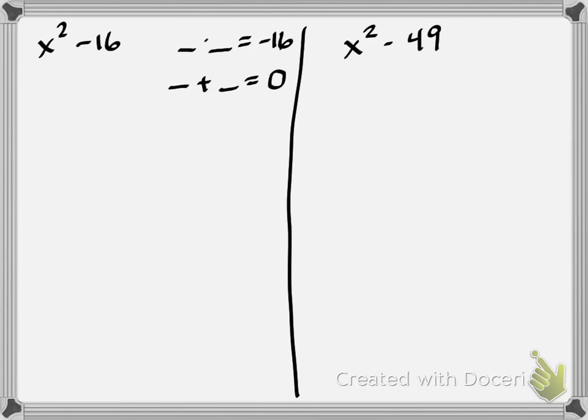This is a different way of doing the exact same thing as the last three examples. So what multiplies to negative 16 and adds up to 0? Because there's no middle term.